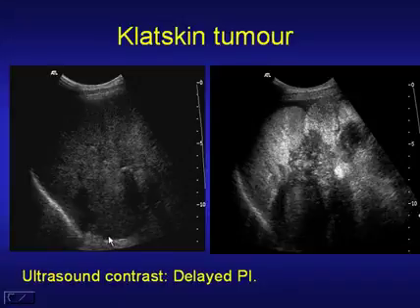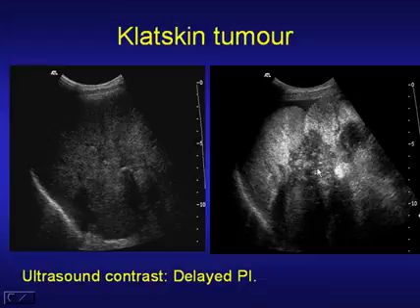We have used high MI imaging using the first generation contrast agent Levovist for studying other types of tumor within the liver, particularly Klatskin tumors or hilar cholangiocarcinomas, which can be extremely difficult to see by conventional ultrasound, by CT or MRI scanning.